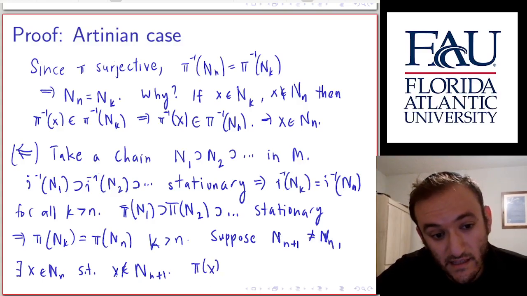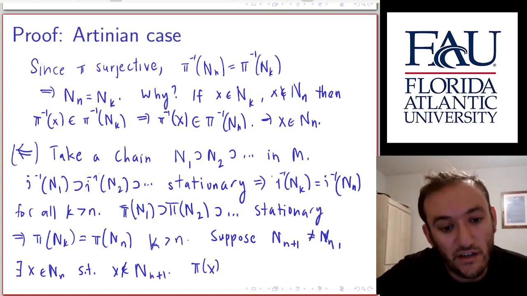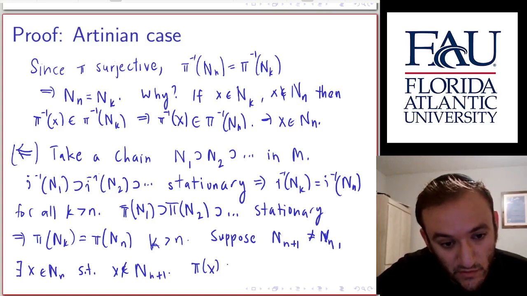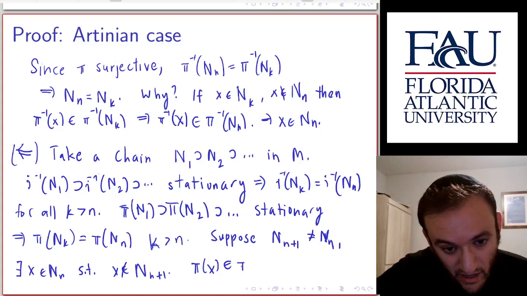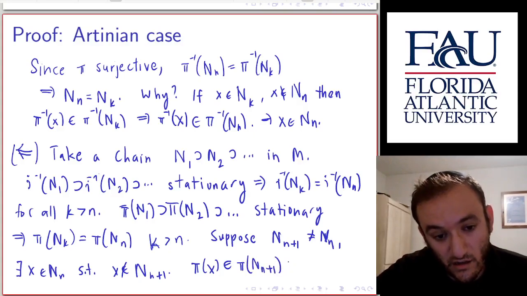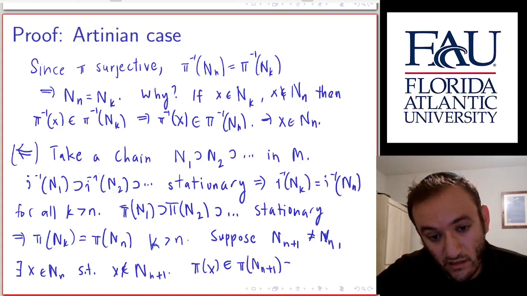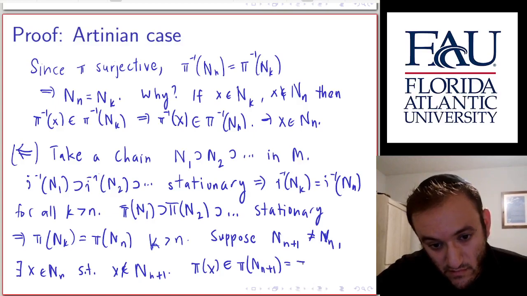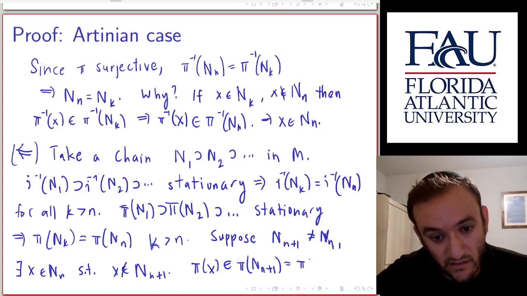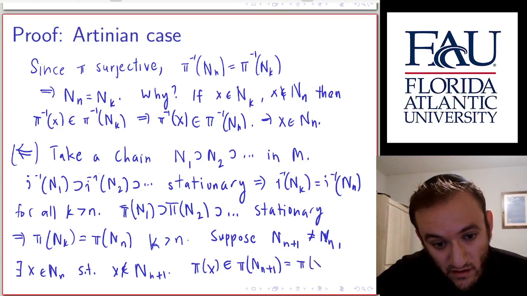But since the chain of the pi's is stationary, pi of x is going to be in pi of n_{n+1}. In particular, since pi is surjective, you can write it as the image of some element, so it equals pi of x_{n+1}.